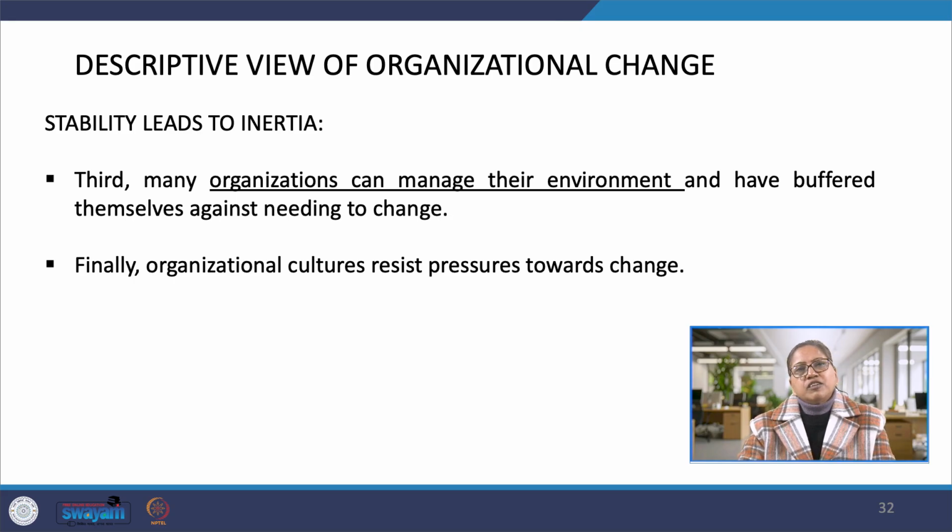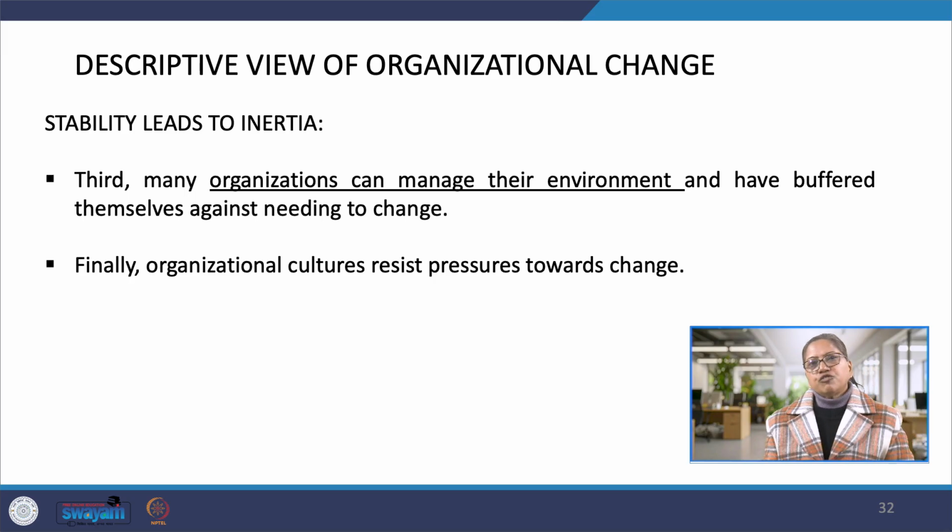So, to summarize the discussion here, it appears that planned organizational change gets a lot more attention in the literature, in the existing textbooks. So, people think that change is a planned process. The forces against change result in organizational inertia and far more stability than the rational change literature would predict.